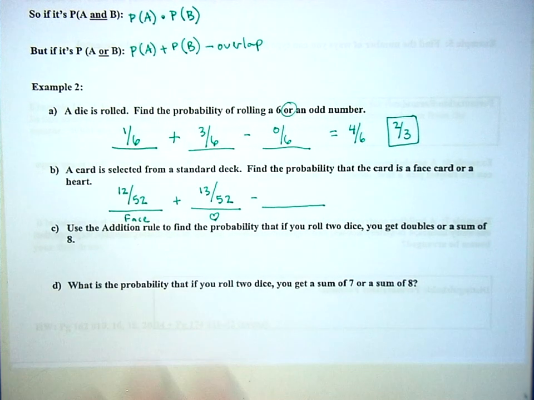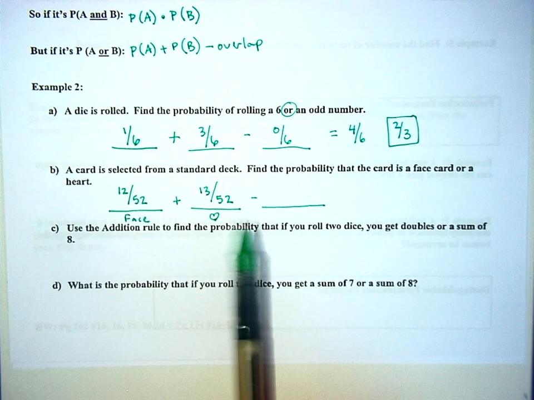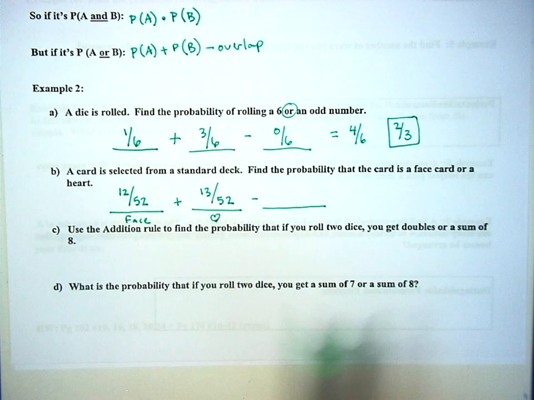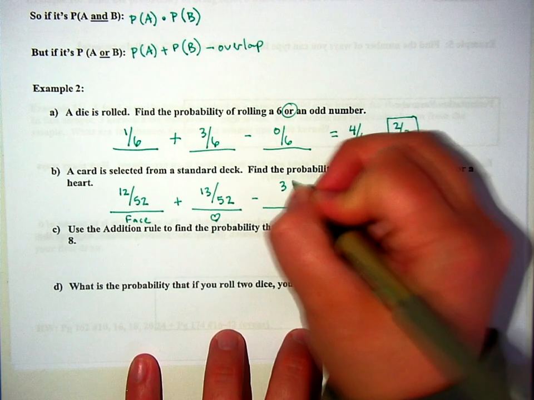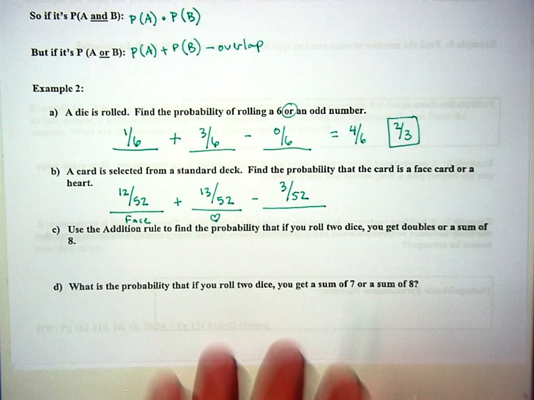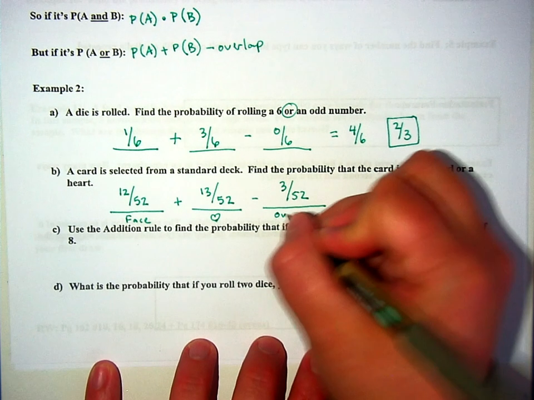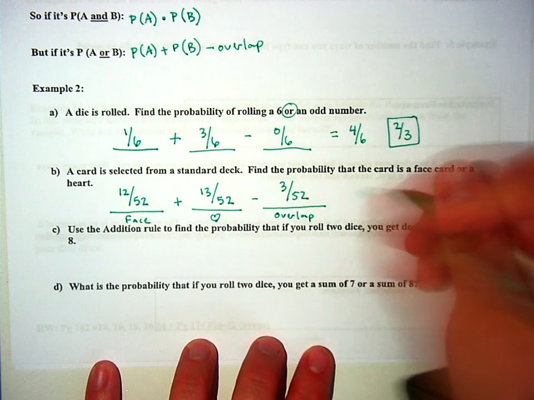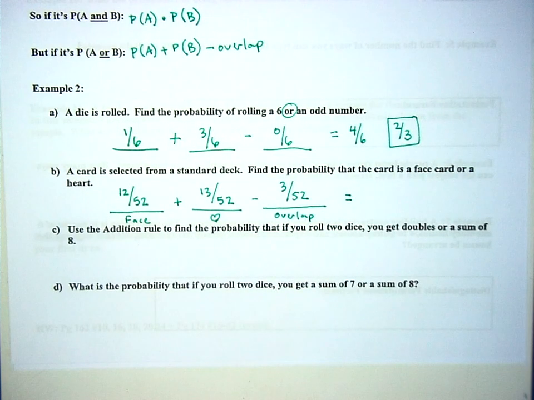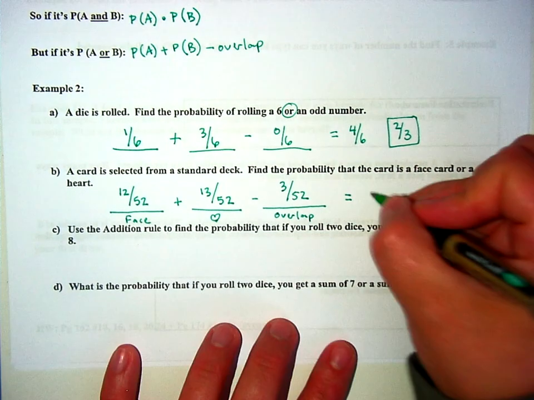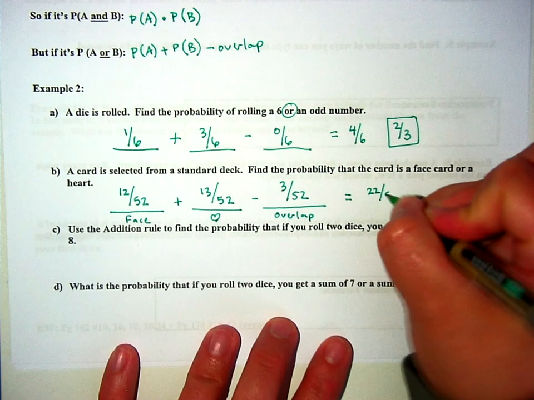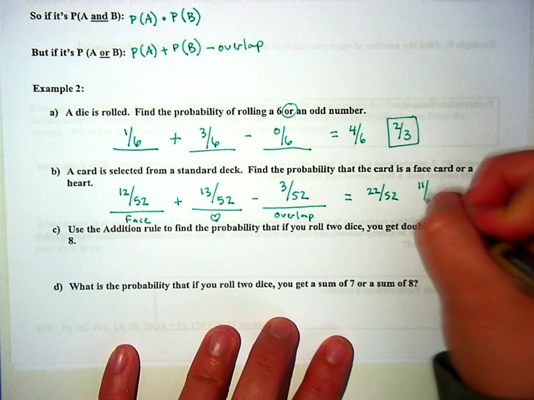Like, how many cards were in this category and also in this category? 3, right? Because the Jack of Hearts, the Queen of Hearts, and the King of Hearts, I just counted twice. So this is the overlap. This is where I accidentally counted them twice, so I need to subtract them off. So that's 25 minus 3 is 22 out of 52. Or 11 out of 26?